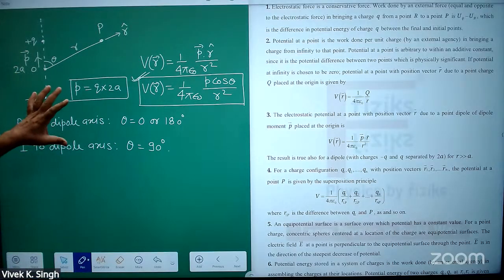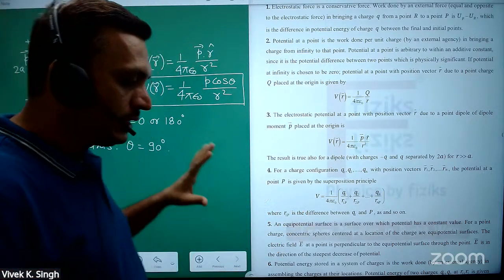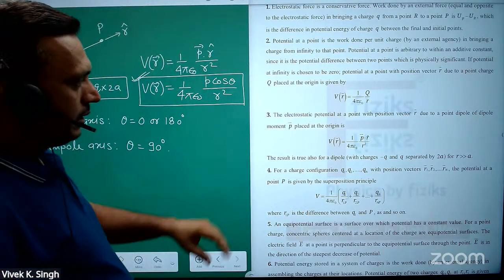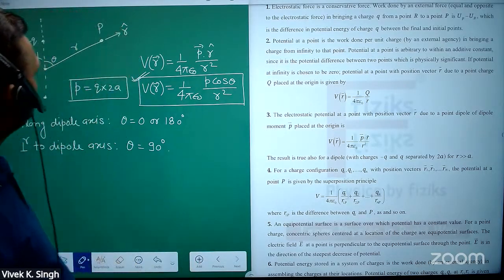So you have to remember the potential due to a dipole. I am not focusing on the derivation part, just remember the result and then you should solve the problems. So please note it down.